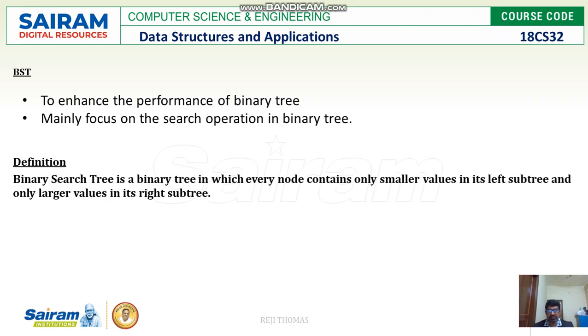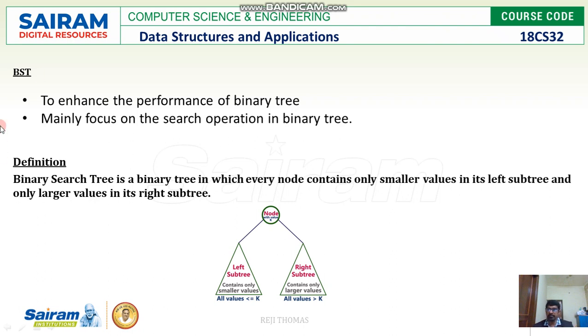The definition, as I told, is that it is a binary tree in which every node contains smaller values in its left subtree and larger values in its right subtree. Take any node in the tree, and all the elements in the left subtree will be lesser than that node. In the same way, all the nodes in the right subtree will be greater than that node.